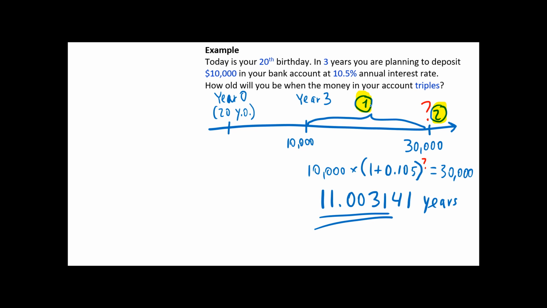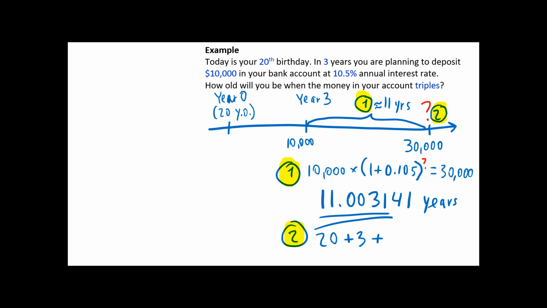And this is the answer to step 1 of our calculations. So approximately 11 years. And this means we can now answer our question. How old are you today? 20. 3 years later, the deposit will be made, so you add 3 more years.